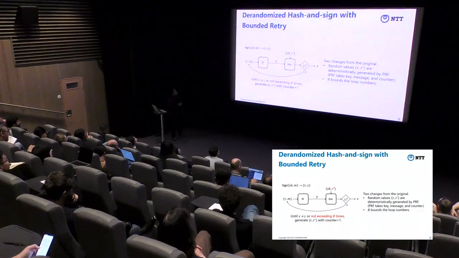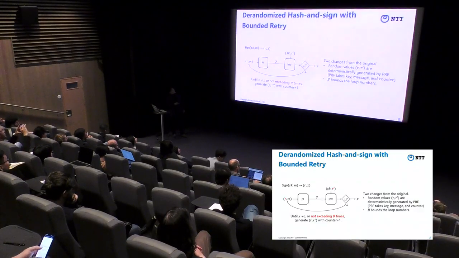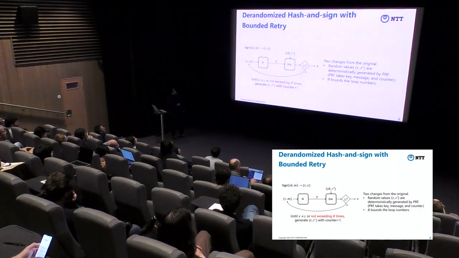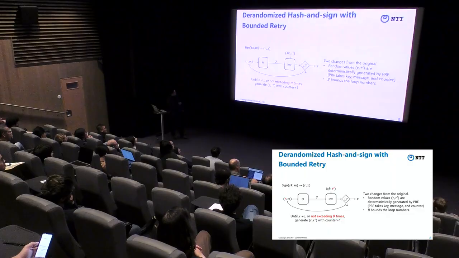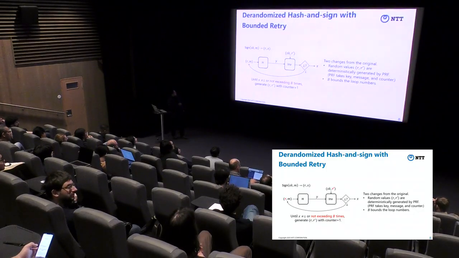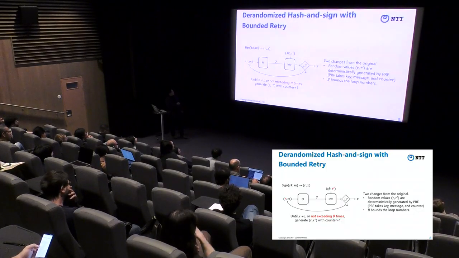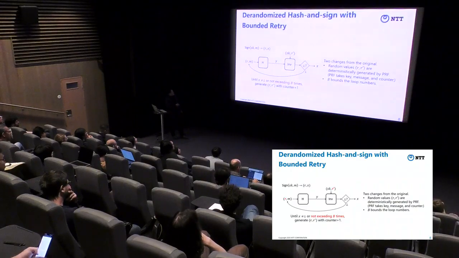And this is the de-randomized hash and sign with bounded retry. And there are 2 changes from the original. First, the random values are deterministically generated by a PRF. There are 2 random values used for signature generation. The first one is a salt for the hash function, and the other one is a random coin used for randomizing the inversion procedure.